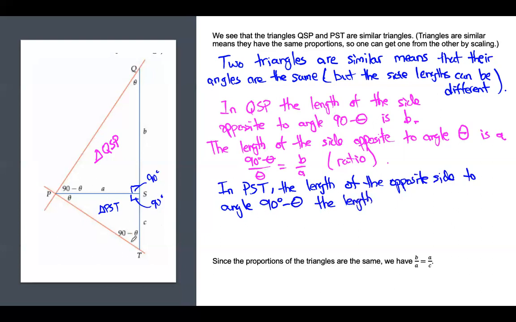Here, it's going to be A because it's opposite. Length.